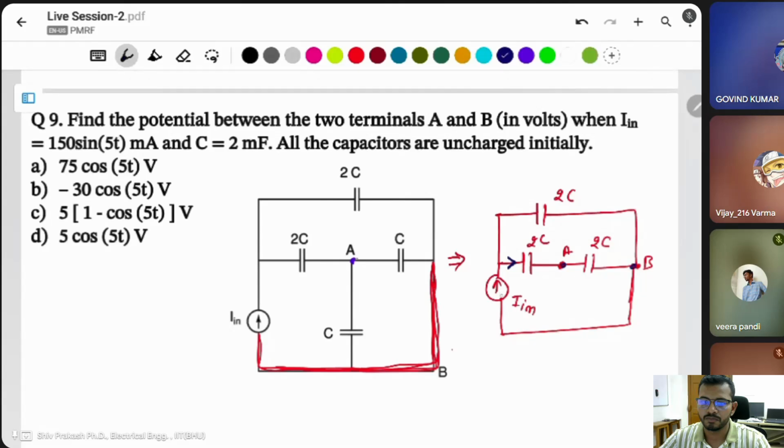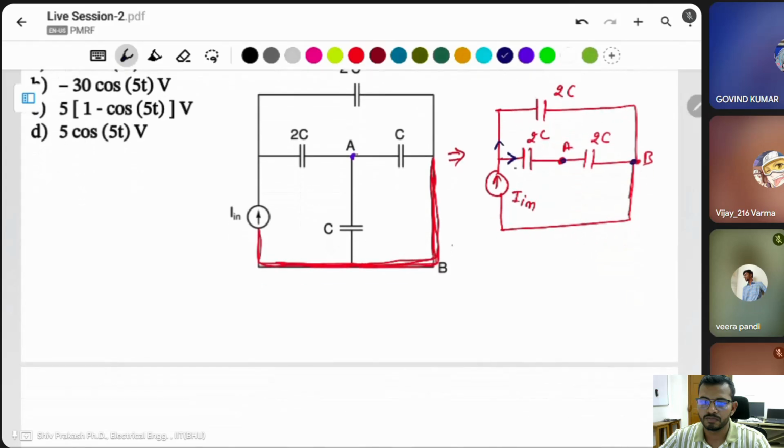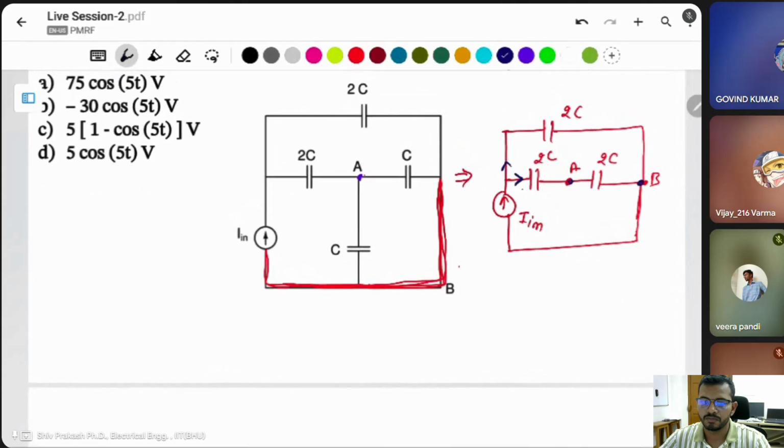Then this current I in is divided into two parts, one in this circuit and one in this circuit. Simply, for the capacitor current, I in, I write this one as I1 and this one as I2.